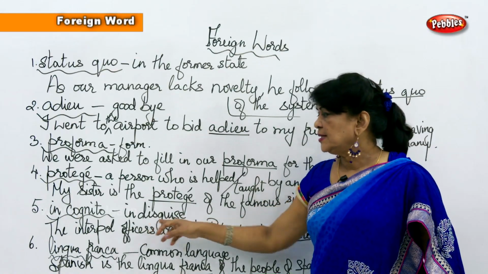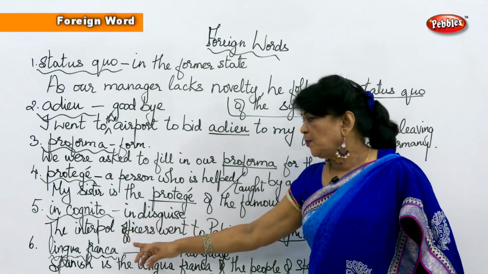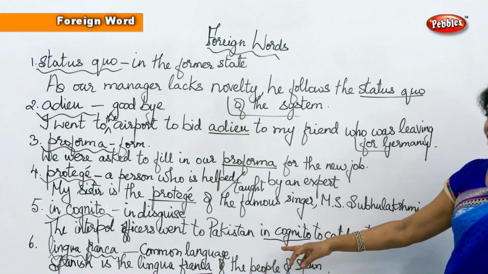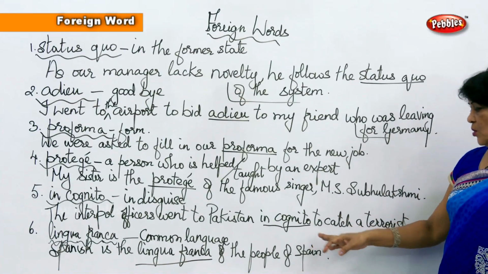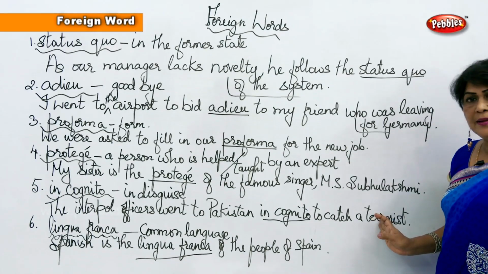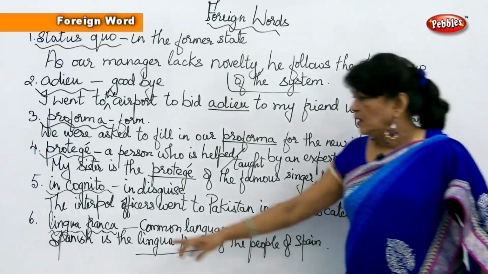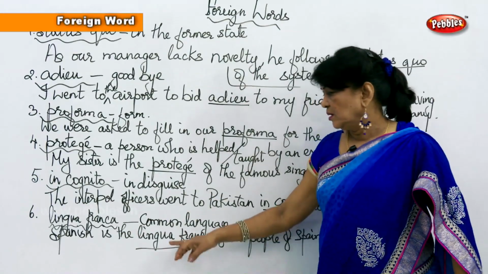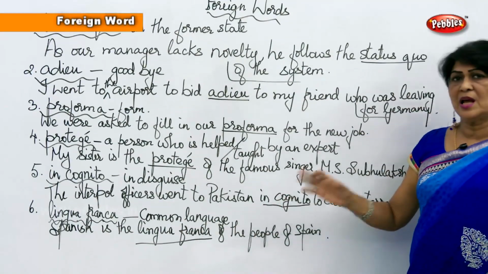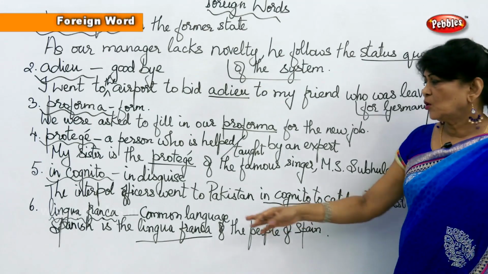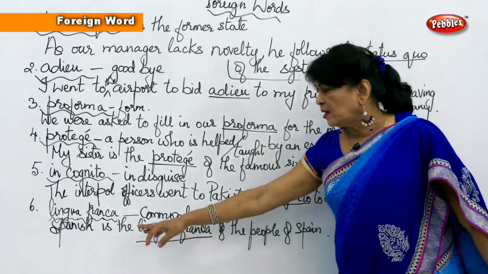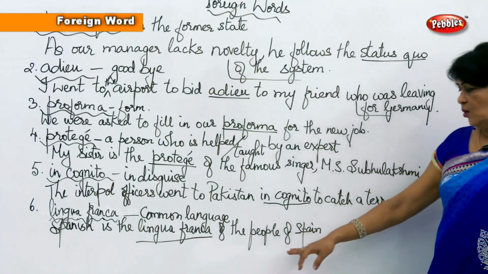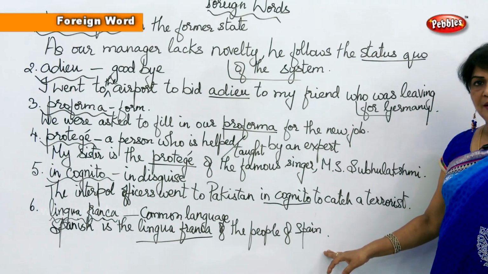Incognito, in disguise. The Interpol officers went to Pakistan incognito to catch a terrorist. Lingua franca, commonly used language of a place or common language. Spanish is the lingua franca of the people of Spain.